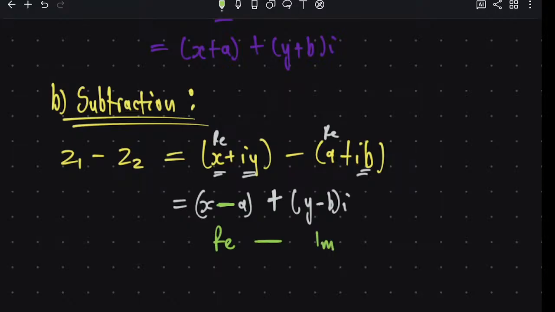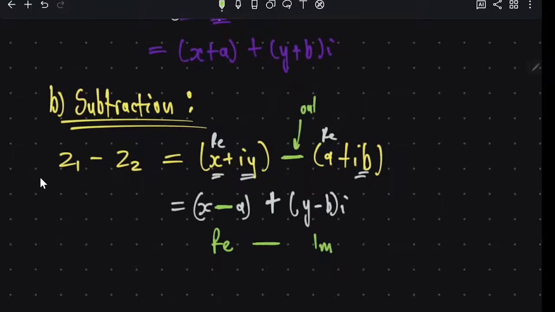So the subtraction should stay solely inside the brackets. I know it was outside like this, but when you convert it to what it actually means, the real will be subtracted by the real in their own bracket, joined to the imaginary Y subtracted by the other imaginary B. So this is just a join.